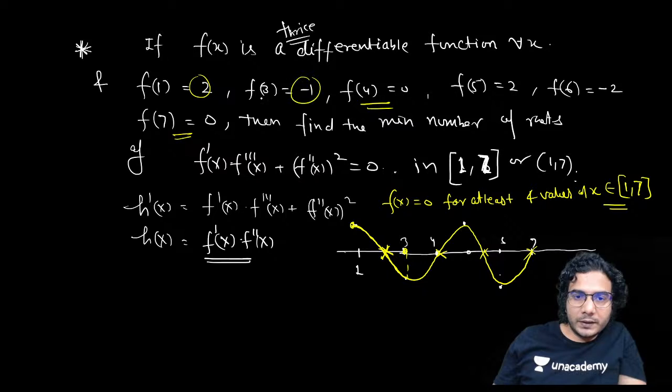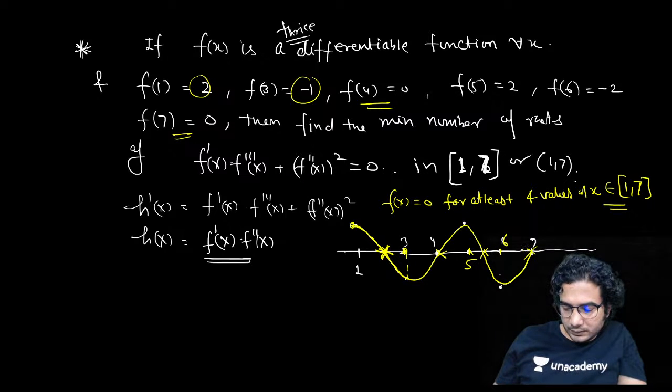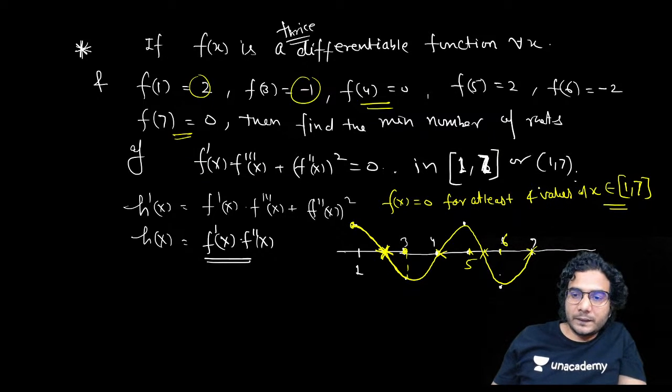Positive to negative, so it will cross the x axis between 1 and 3. It will again cross the x axis between 3 and 5. And it will again cross the x axis between 5 and 6. So f x has 4 roots between 1 and 7.